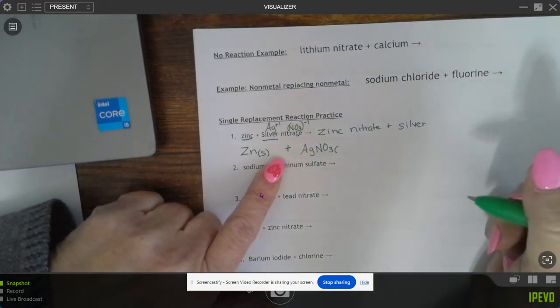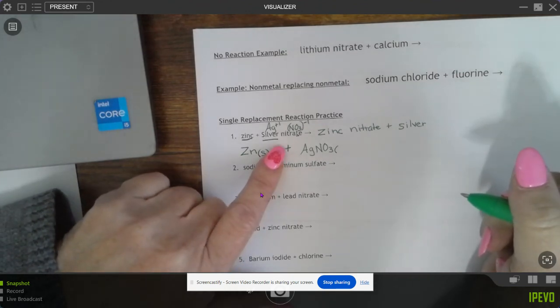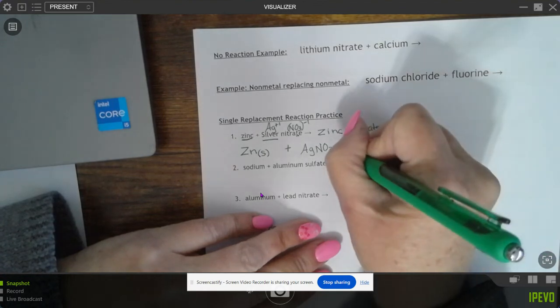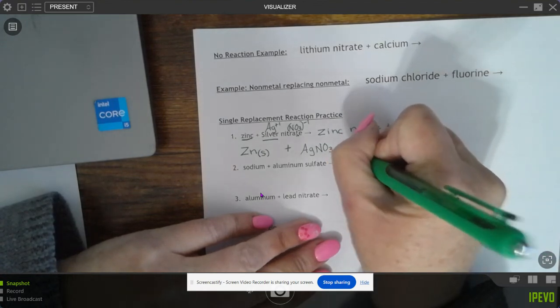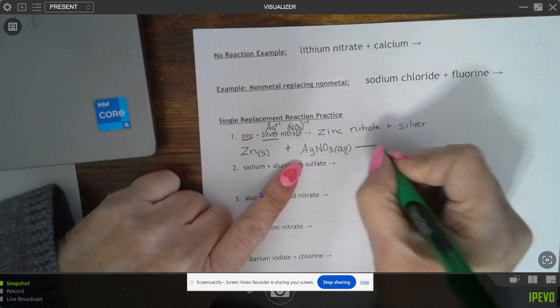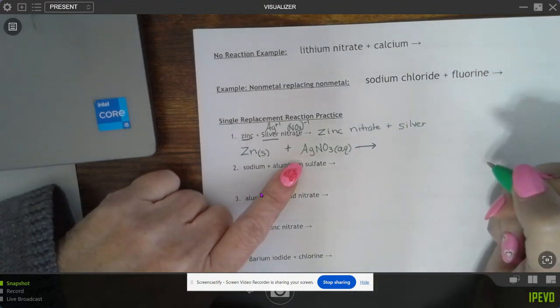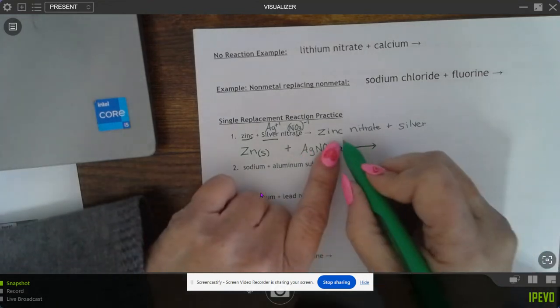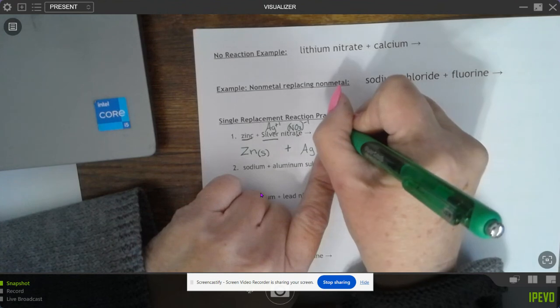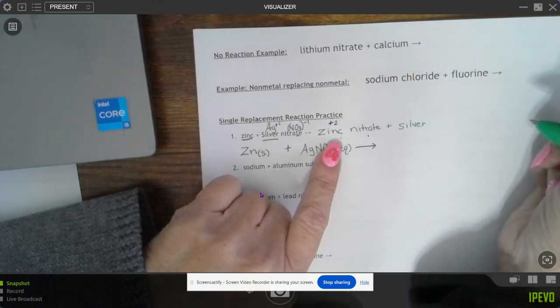In single replacement reactions, whenever we have a compound, it's going to be aqueous. It's dissolved in water. And then the zinc and the silver switch places, and we end up with zinc nitrate. Zinc always has a +2 charge.